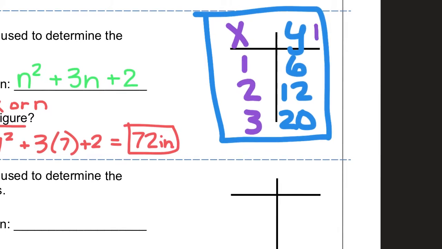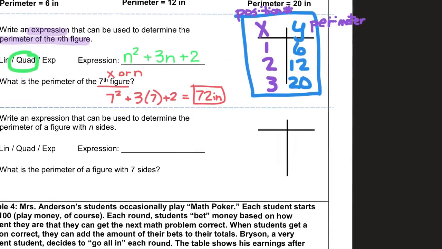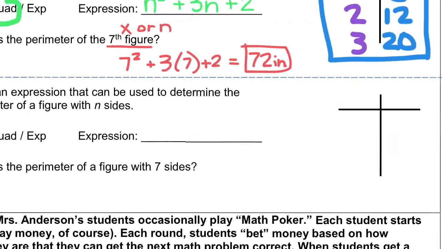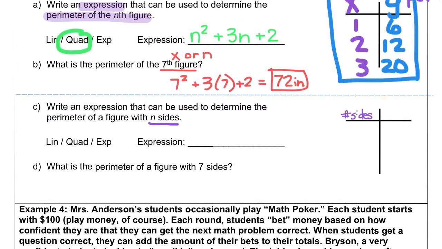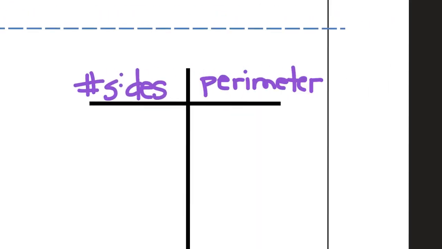So in this case, the y was perimeter and the x was the position number. This time they want the n, or input, to be the number of sides. And for the output, we're supposed to be determining the perimeter. So that would be our y value.